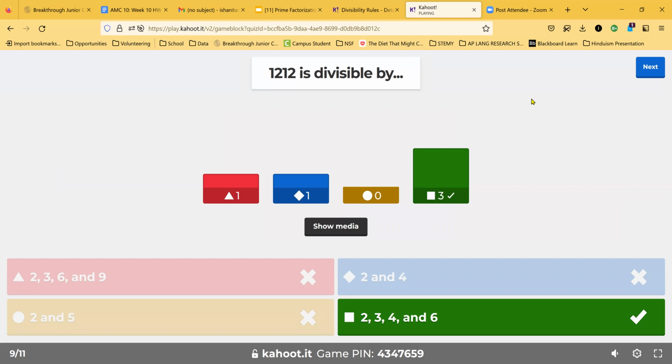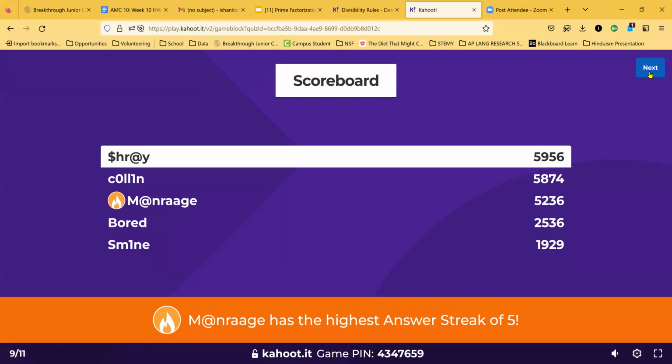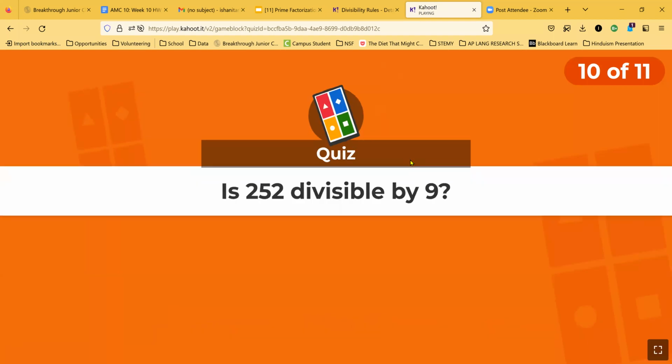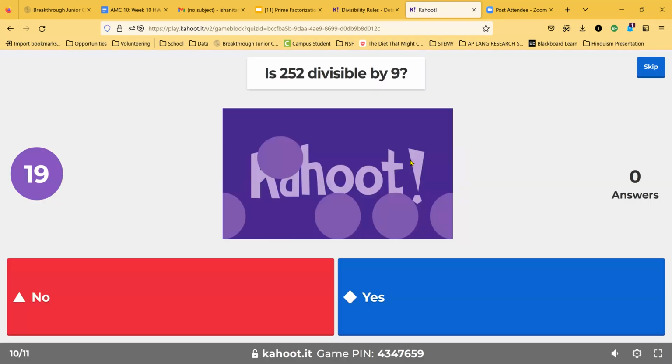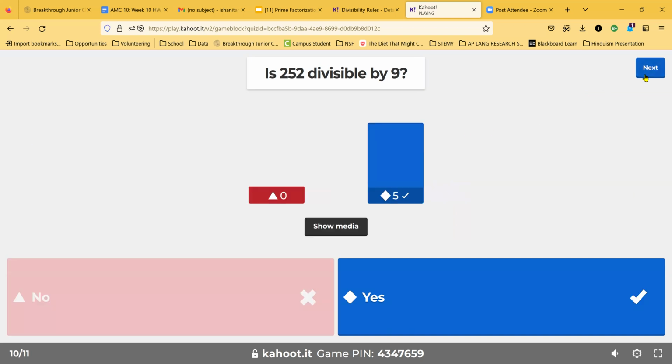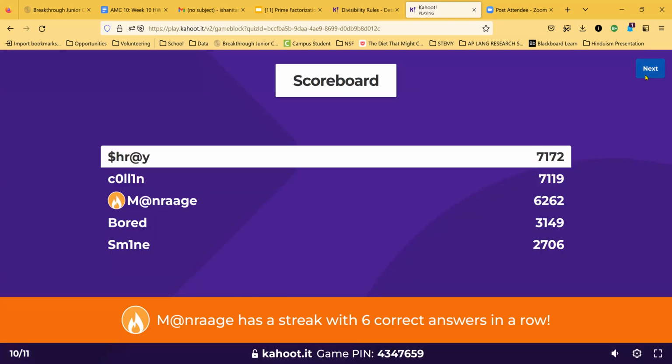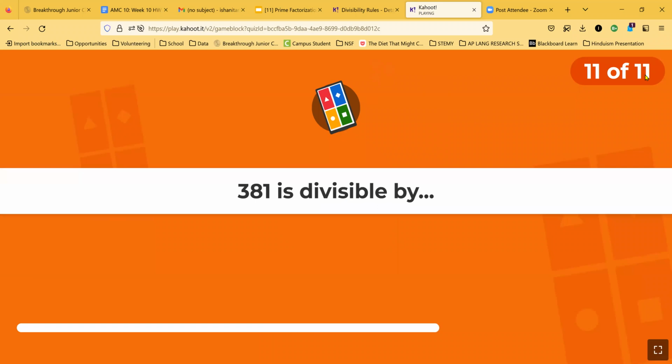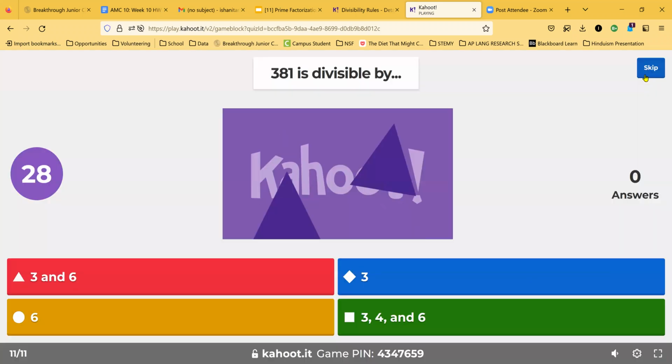We add up the numbers, we see that they add up to 6, so it's divisible by 3. And since it's divisible by 2 and 3, it must be divisible by 6. And 1 plus 2 plus 1 plus 2 is 6, which is not a multiple of 9, so it is not divisible by 9. Is 252 divisible by 9? So yeah, 2 plus 5 plus 2 is 9, which is a multiple of 9. Okay, 381, this is the last problem, is divisible by which of the following?